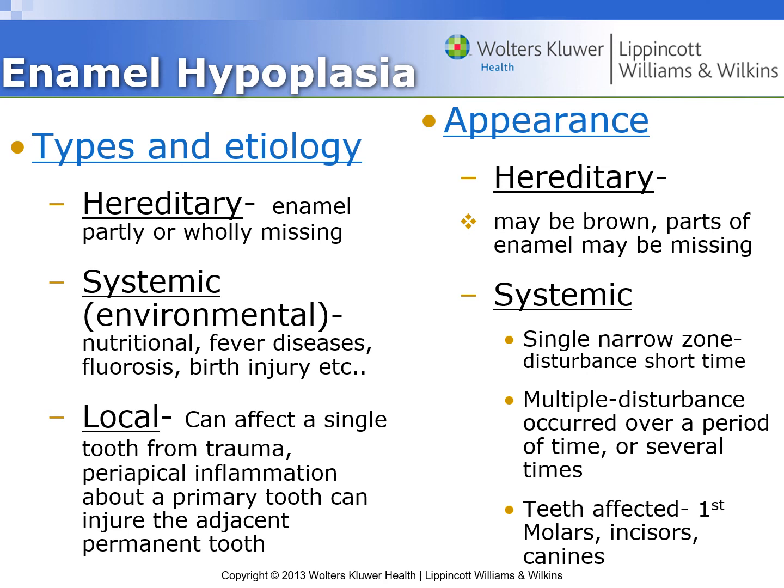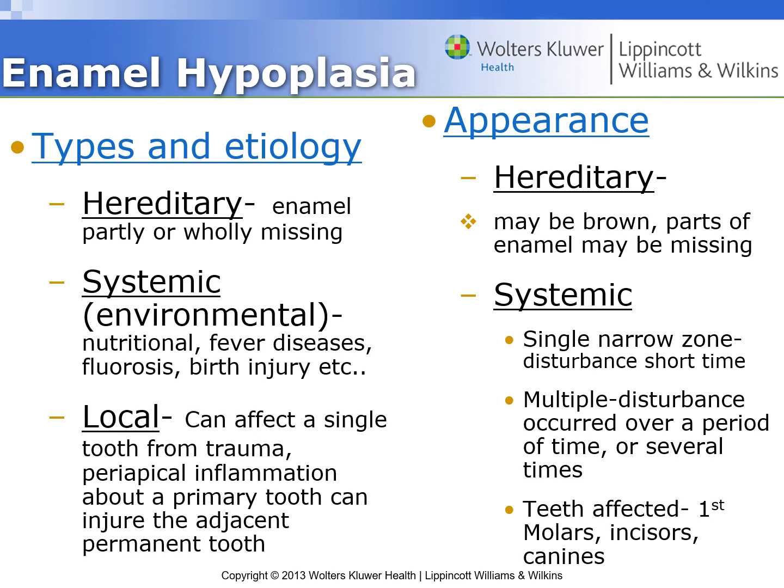It's at a time where the permanent tooth is right underneath it, getting ready to resorb all that root tissue so it can push the baby tooth out and come in.